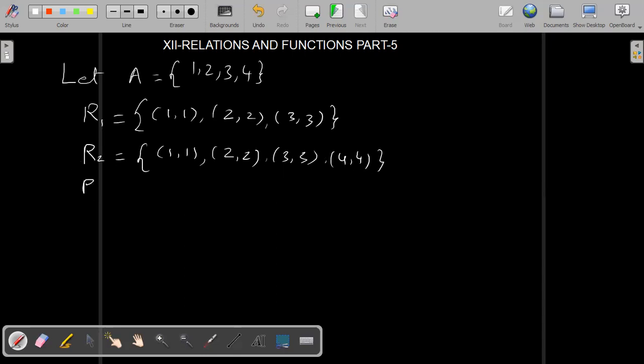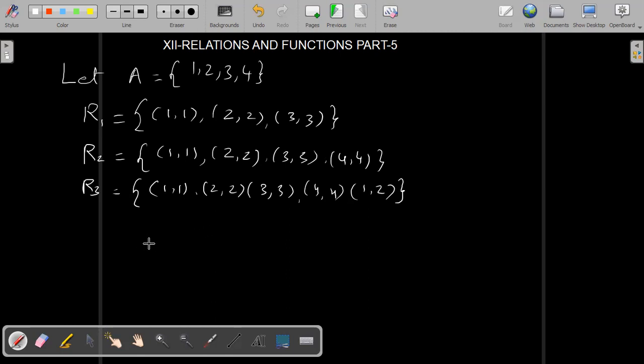And R3 is another relation defined on the same set, and it has elements (1, 1), (2, 2), (3, 3), (4, 4), and (1, 2). So we have to check identity relation and reflexive relation here.